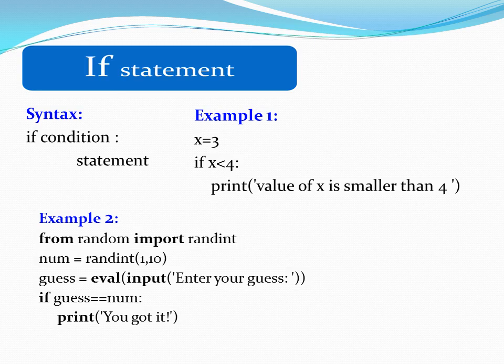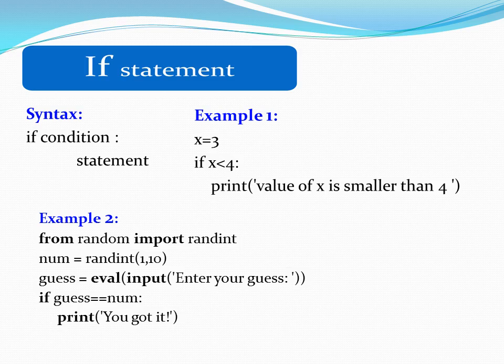This is necessary in Python because if you do not properly indent this statement, then it is not considered as the related part of the if statement and will not be executed and will raise an error.